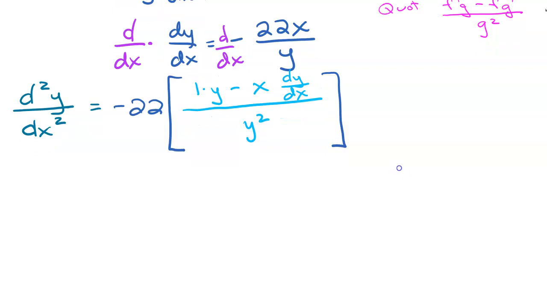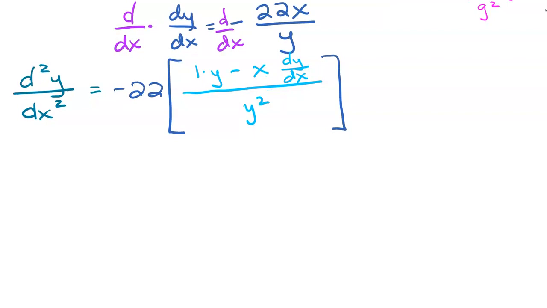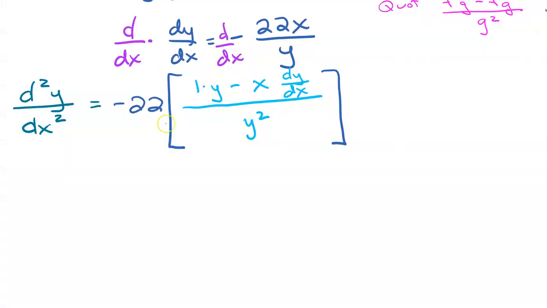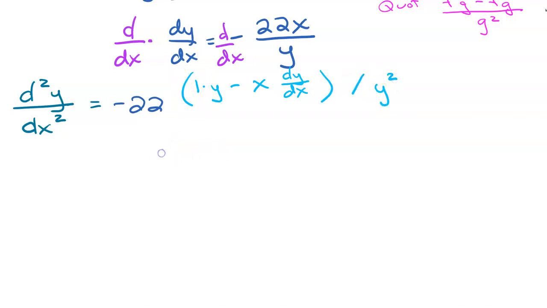Okay, so now we can get a little bit more interesting. I put that negative 22 out front, and I'm still not making it not out front yet. In fact, I don't like this. It's weird and annoying, so I'm not going to do that. What I'll do instead is this. And it's strictly to make it easier on myself. Technically, it's the same thing. Math doesn't see a difference.